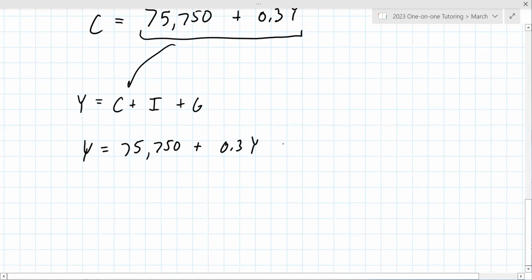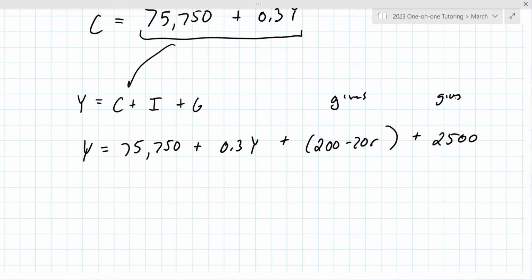So I in this case is given as an equation, 200 minus 20R, and then G was 2,500. These were both givens. All right, which allows you to solve this as Y as a function of R.